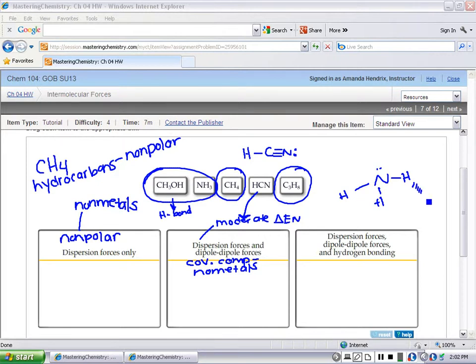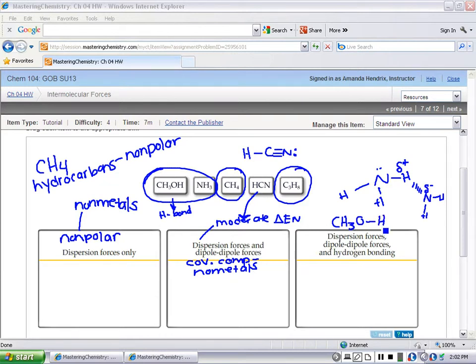If it bonds to another ammonia molecule, we have a partial negative and a partial positive. Once again, this is covered in video 5.8. We have hydrogen bonding, and then we also have methanol. Methanol also has an oxygen bonded to a hydrogen.